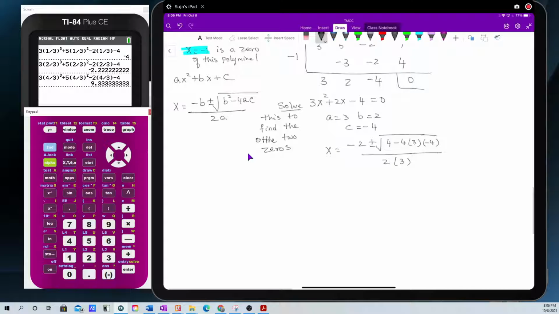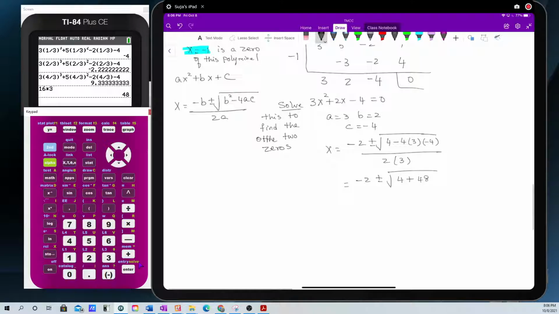So here negative 2 plus or minus square root of 4 plus, right, which is 4 times 4 times 3. So 16 times 3, which would be 48. So that's a plus 48 divided by 6. So 48 plus 4 is going to be 52, square root of 52.